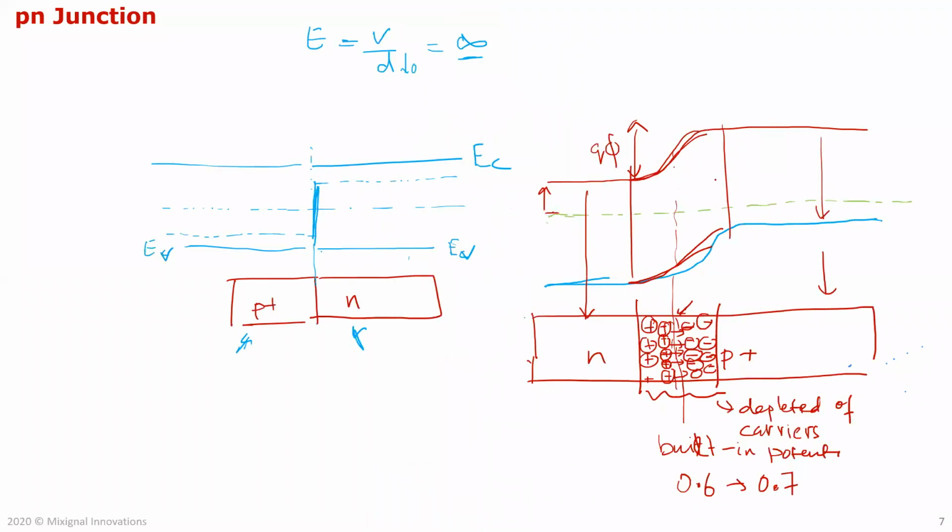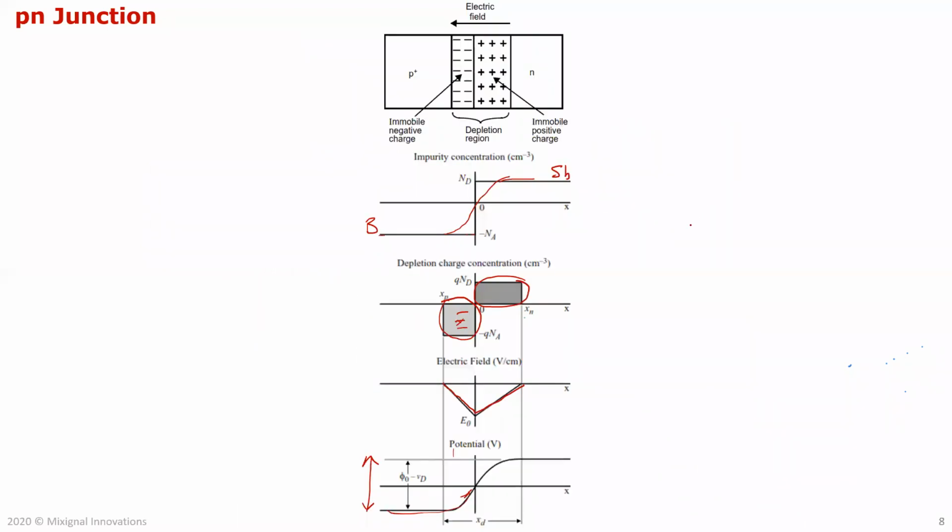Like previously in the P plus type, wherever you have this, it will bend. And this will help you in visualizing why we get a channel in a MOS transistor. When I explain the MOS transistors a little bit later, it'll help you visualize it better.